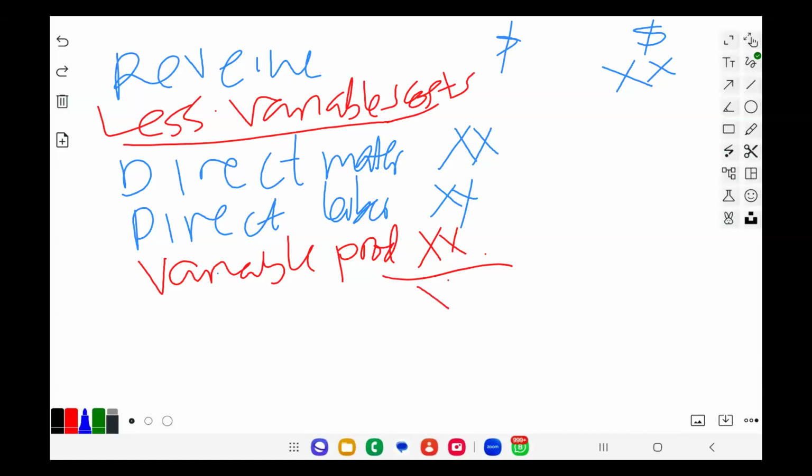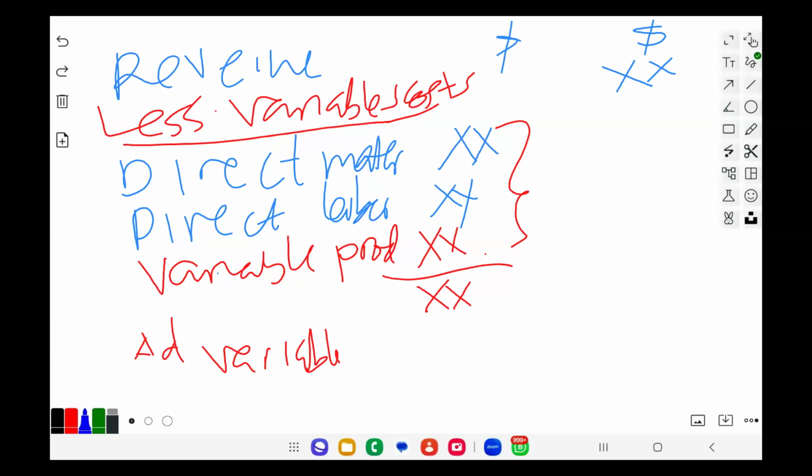You can even add them like this. Consolidate these. You can add the variable non-factory overheads.